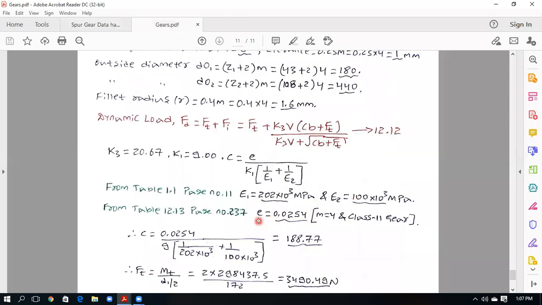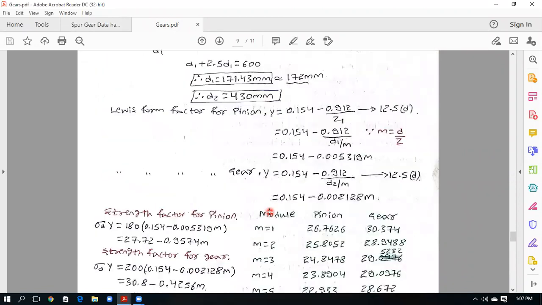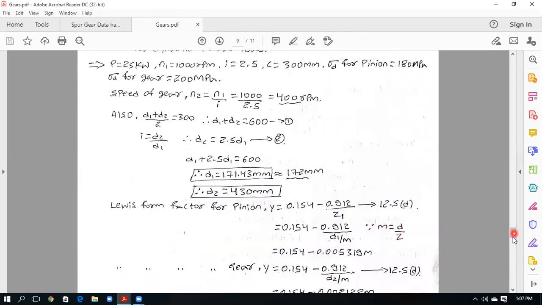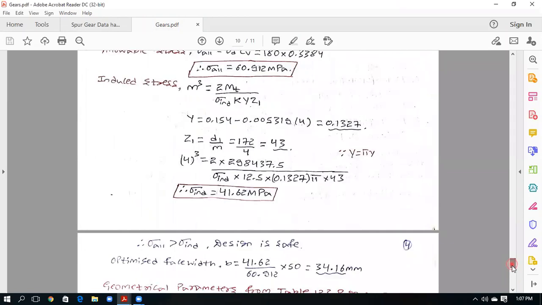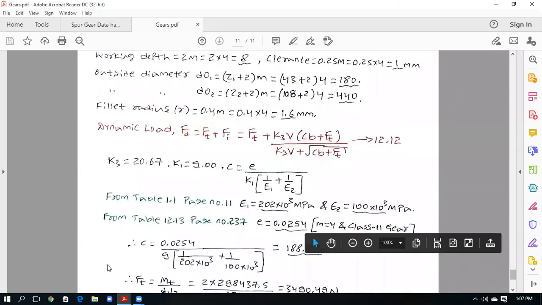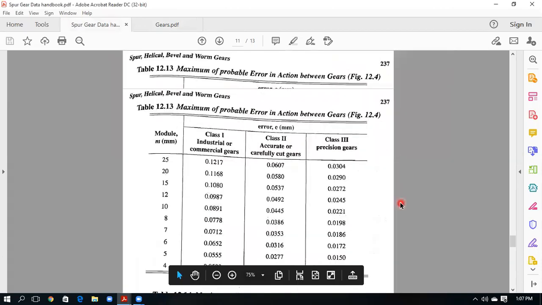Similarly, you need to find out the value of E. In the given statement, he has mentioned to consider class 2 gear. Whatever the gear is, it is class 2. I will show the data input and how you are going to take down that value.